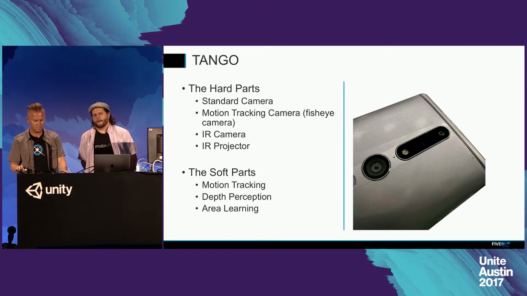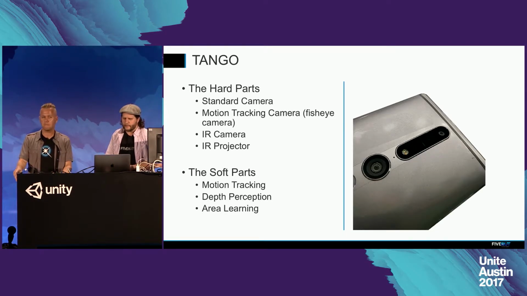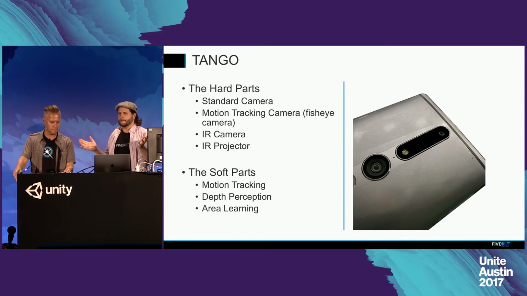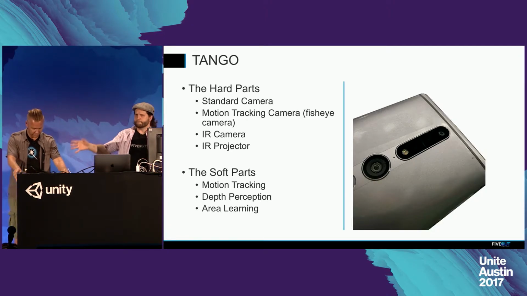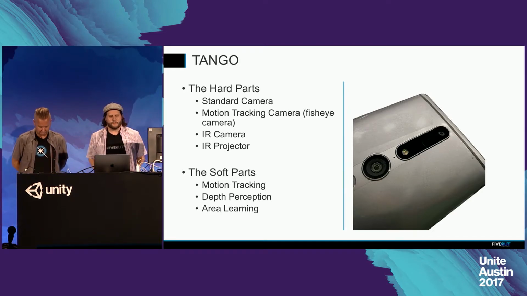Tango is a pairing between both hardware and software, right? So hardware with some additional, specialized features. We've got a standard camera, what I'm calling a motion tracking camera with the fisheye lens, where you can get kind of a panorama view so you can track a larger number of points of interest and things like that.